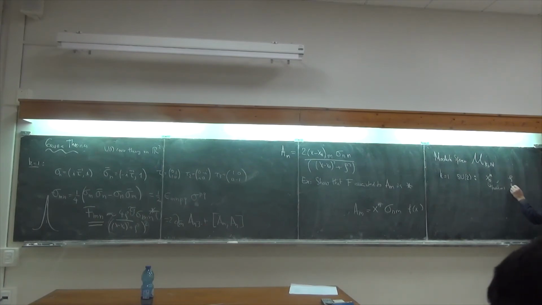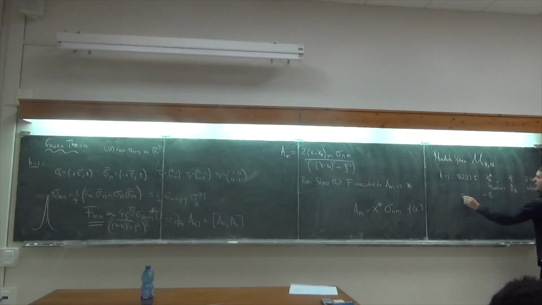You have a rho, which is the size. And you have 3 SU2 parameters. In total, 8. Therefore, the dimension of the moduli space for k equal to 1, SU2 is 8.